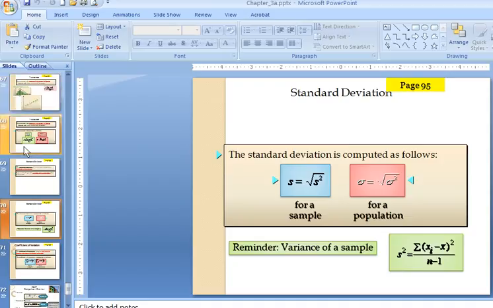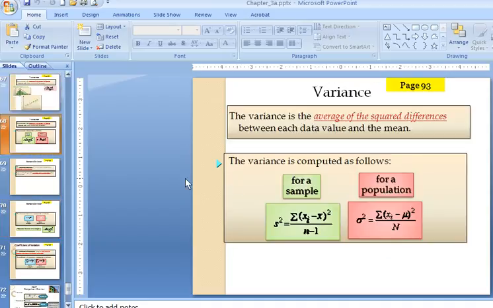Okay, so as you go through the slides, and I'm going to go back to our slide on variance, you will actually see in your book and on the lecture slides two formulas. The formulas are almost identical. When we looked at calculating the average, they were identical with different symbols. Now the formula is a little bit different.